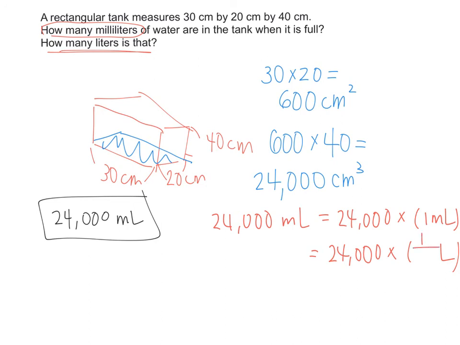Very good. So we write 1/1000th of a liter. Then I can do 24,000 times 1 over 1,000, which is the same as 24,000 over 1,000. And I can divide both of those by 1,000 to get the answer of 24 liters.